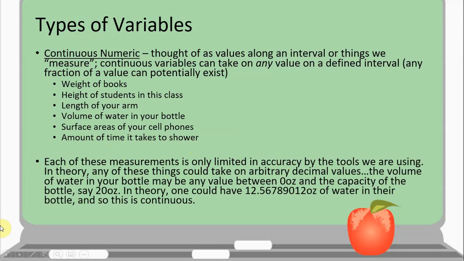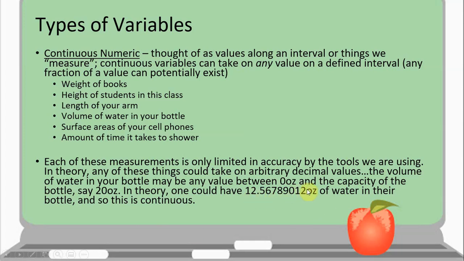Each of these measurements is only limited in accuracy by the tools we are using to do the measuring. In theory, any of these things could take on arbitrary decimal values, like I was talking about before. The volume of water in your bottle may be any value between 0 ounces and whatever the capacity of your bottle is, maybe 20 ounces. You've got a 20-ounce bottle of water, you've taken a few sips out of it. How much water is still in that bottle? It might be 12 ounces, it might be 13 ounces, but it could be any fraction of a number of ounces in between, like some weird random number.